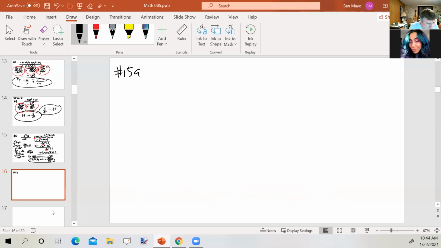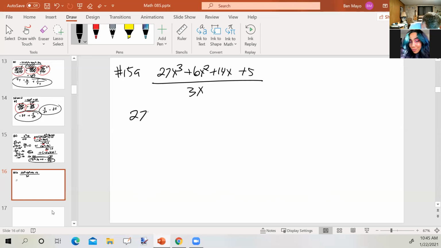Part A: we have 27 x cubed plus 6x squared plus 14x plus 5 divided by 3x. So we've gone back to a polynomial divided by a monomial. So we take each term in the numerator and divide it by the denominator.